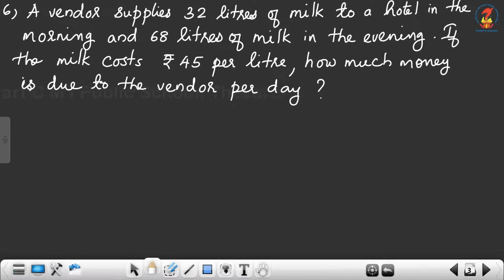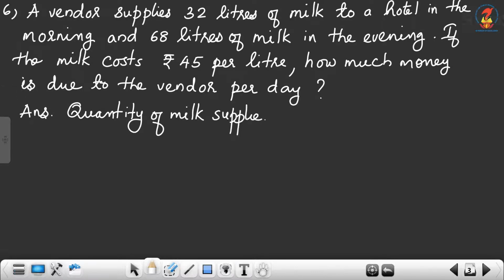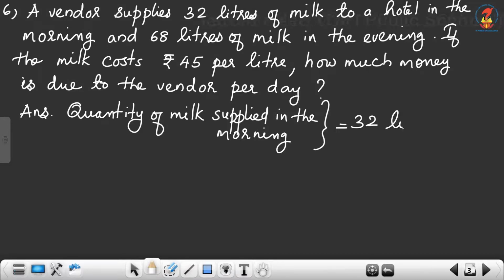It is 32 liters. So, we can write quantity of milk supplied in the morning equal to 32 liters.